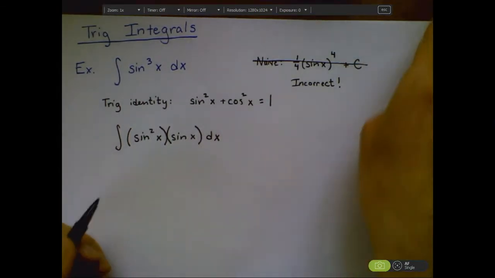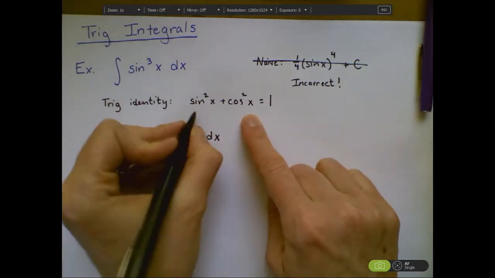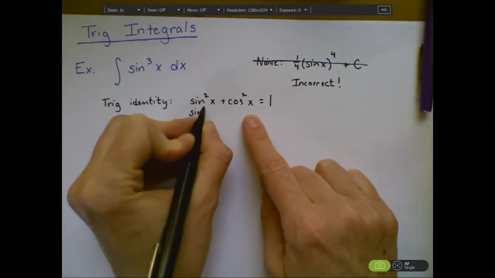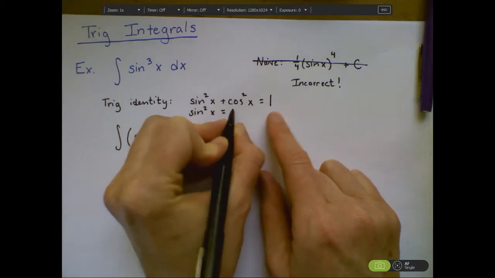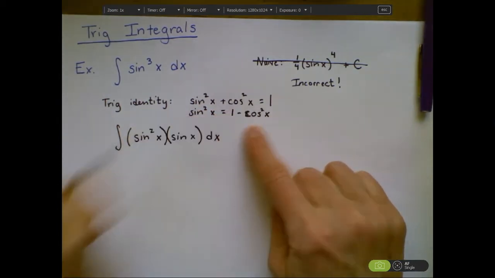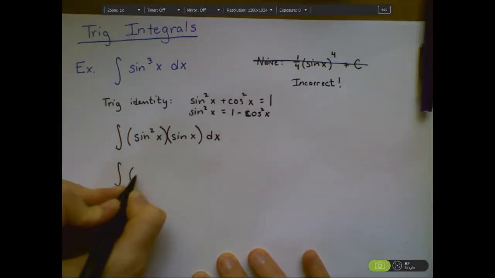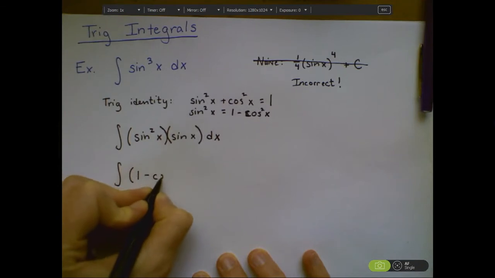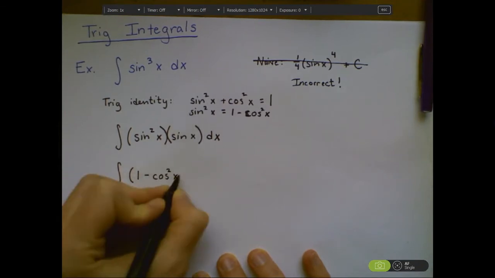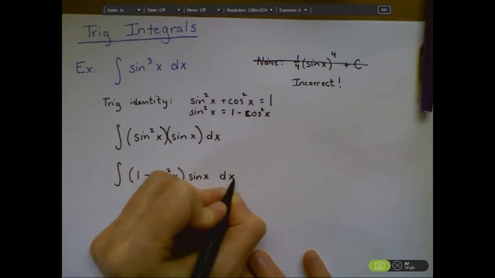I'm going to rewrite this Pythagorean identity as sine squared x equals 1 minus cosine squared x, by subtracting cosine squared from each side and doing a substitution. So that means that I'm left with the integral of 1 minus cosine squared x times sine of x dx.